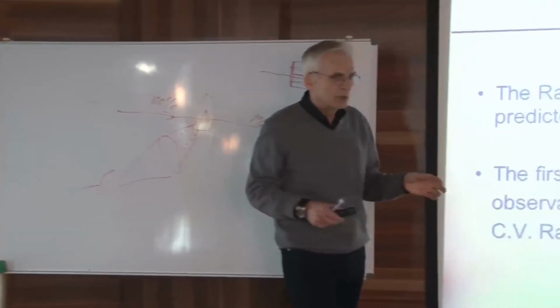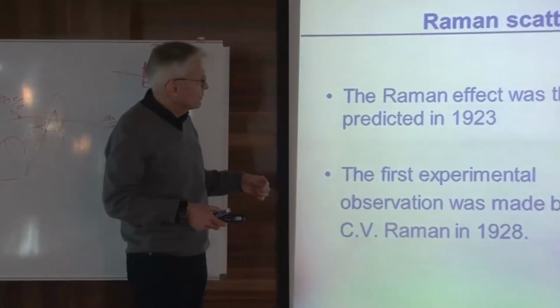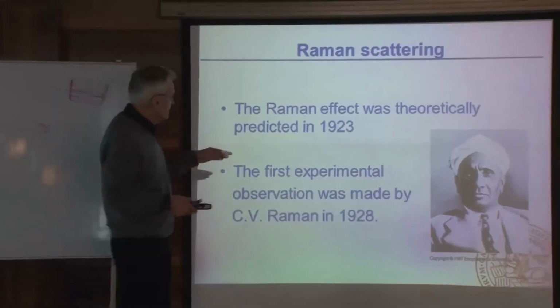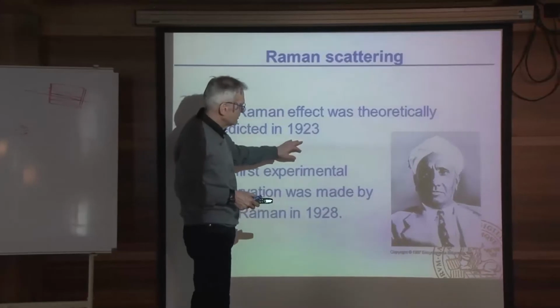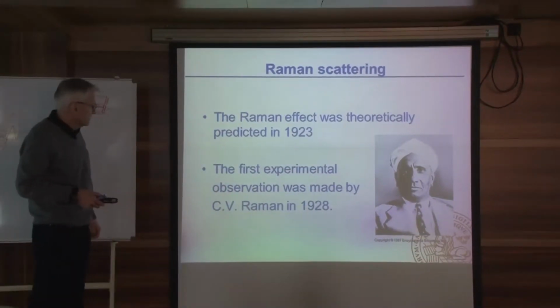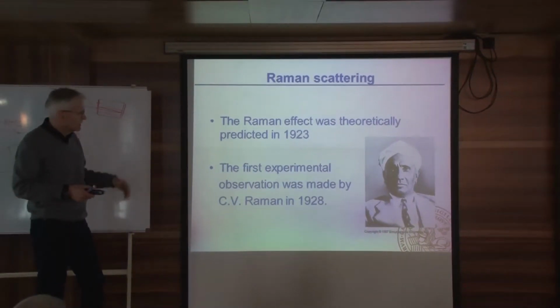Okay. Then we know what Rayleigh scattering is. Then it was discovered already in 1923 by the Indian scientist Raman, and he got the Nobel Prize for this in the 30s at least.